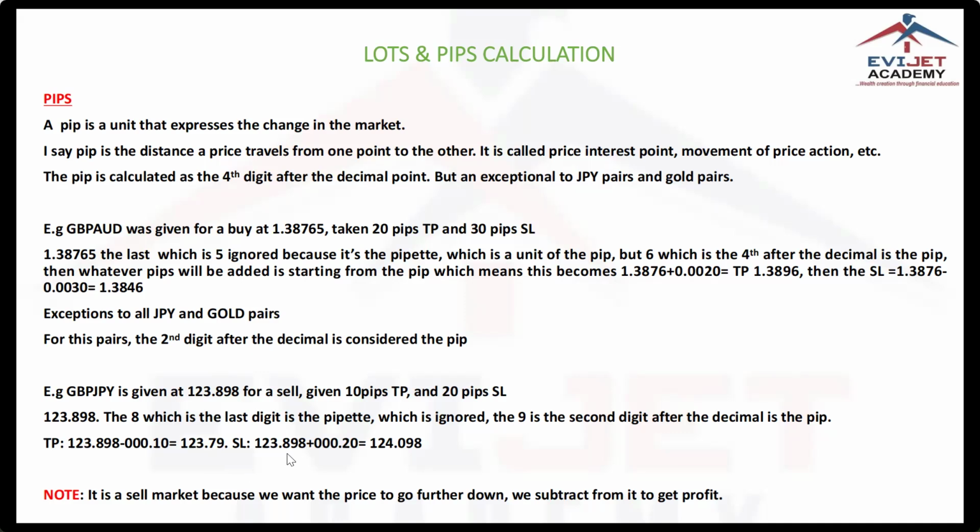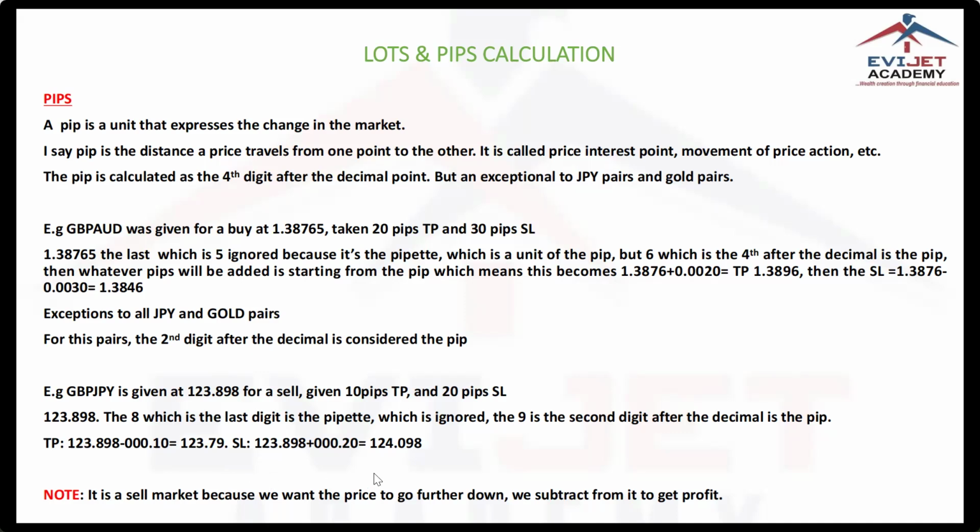So for SL, we'll be adding: 123.898 plus 0.20. The 20 is the 20 pips. So your stop loss will be this, and this will be your take profit.